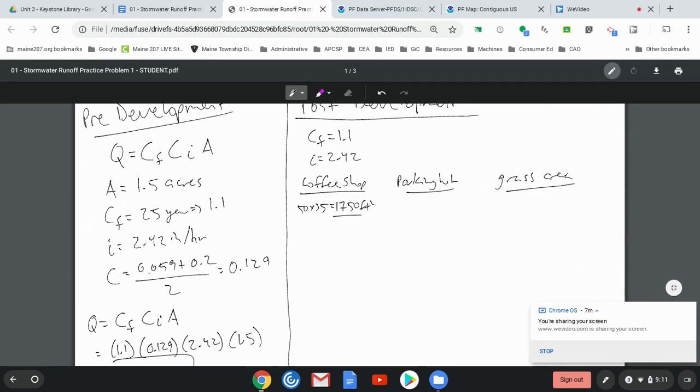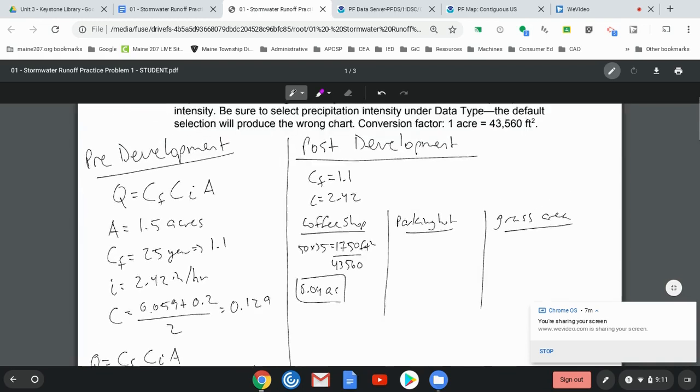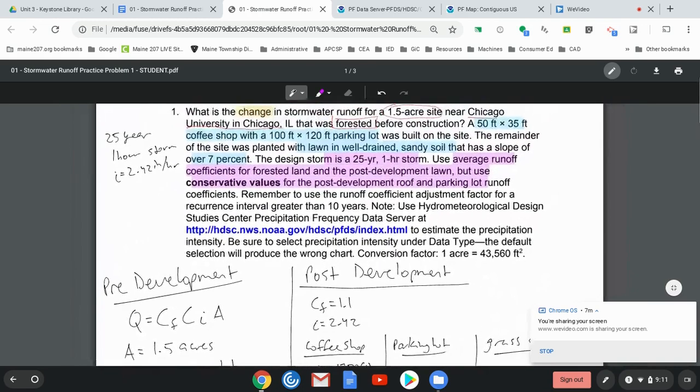Seems like a lot, but in terms of acres, when you divide by 43,560, you get 0.04 acres. All right. And then the parking lot is 100 by 120.